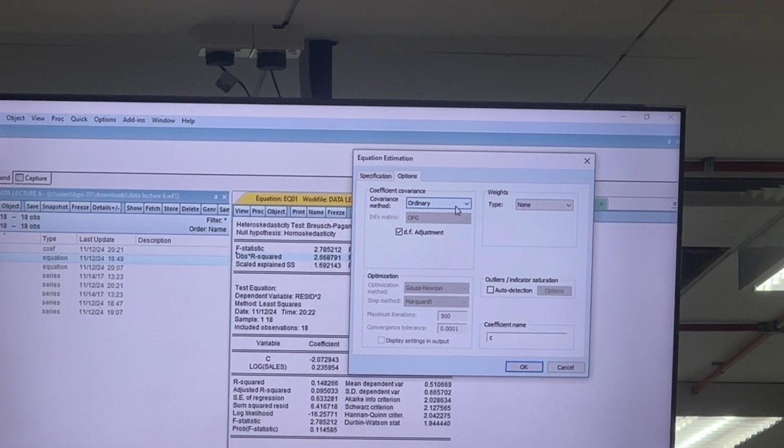Instead of ordinary, you select, I think, Huber White. Huber White will produce an estimate of the standard error that is less affected or unaffected by the presence of the heteroscedasticity problem. Like this, then okay.